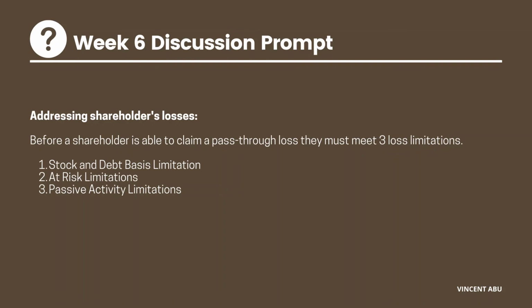If a shareholder is allocated an item from an S corp as a loss or a deduction, as per the IRS, he or she must have adequate stock or debt basis to claim that loss or deduction item. To claim a loss or determine if a distribution is taxable or not, he or she needs to demonstrate that they have an adequate stock basis.